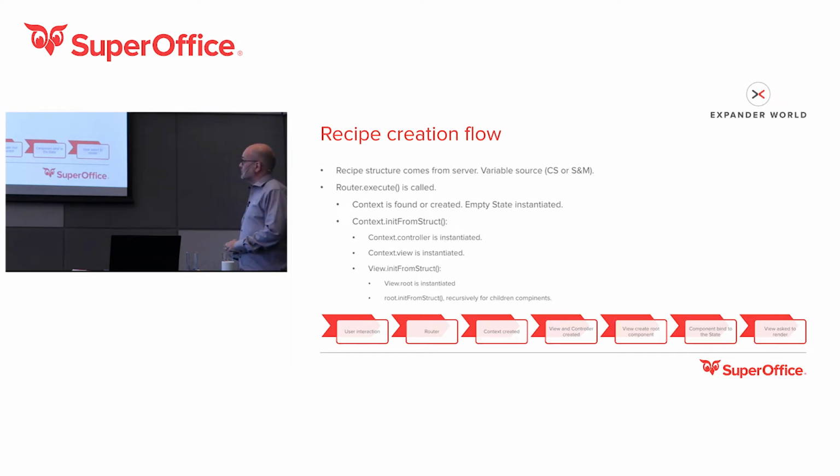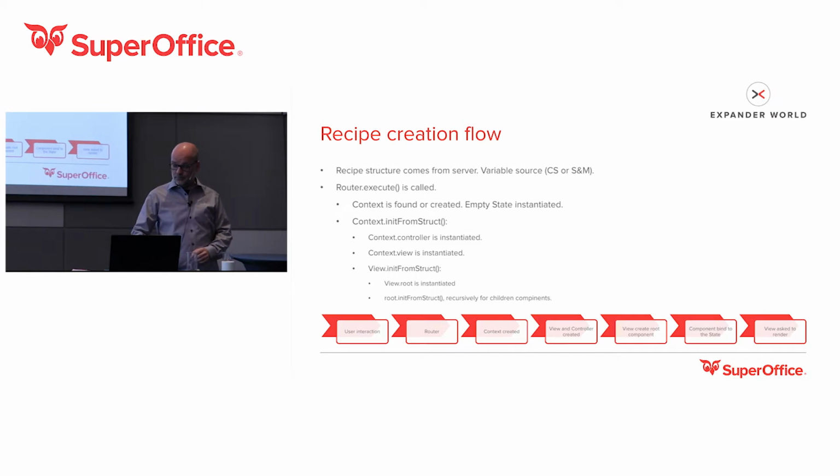So, kind of to recap. There's a flow of how things go when you execute a recipe from the router. It has components and it will make a big tree of components.